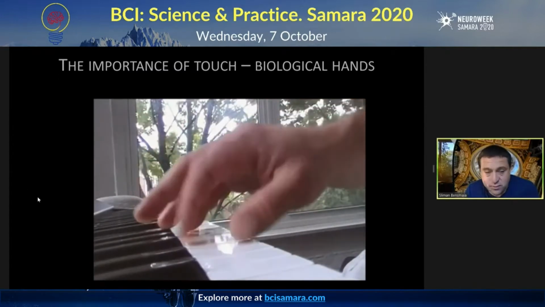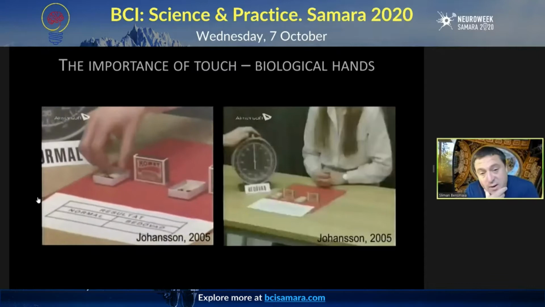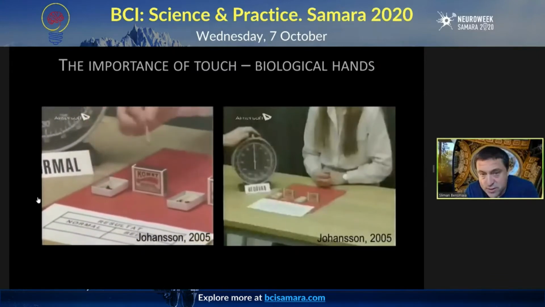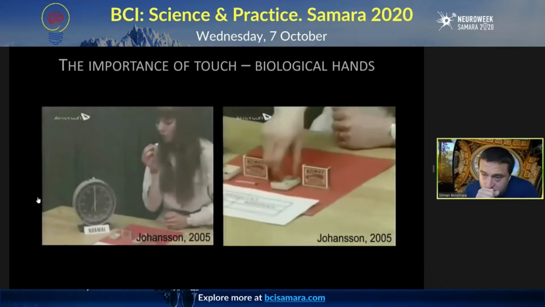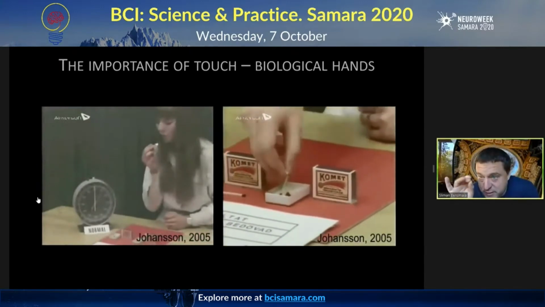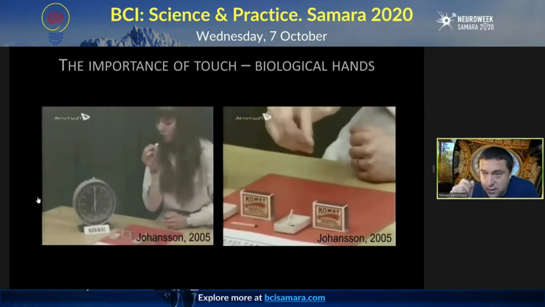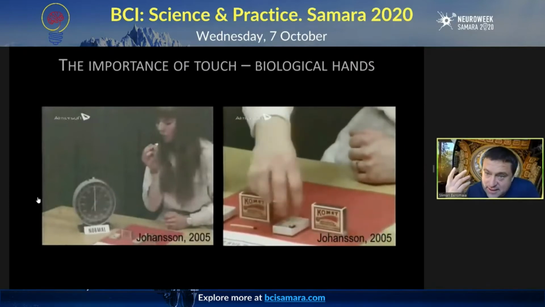Let me prove that to you. This is a movie made by my colleague Roland Johansson at Umeå University in Sweden, of a lady lighting a match, no problem. Moments later, the same lady is going to try to light this match, but her fingertips have been numbed with a local anesthetic, and you can see that suddenly she struggles mightily to do this task.